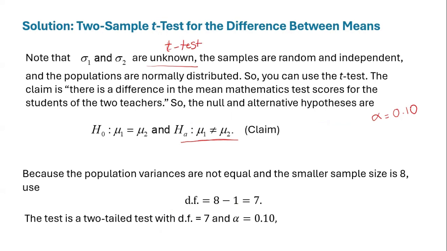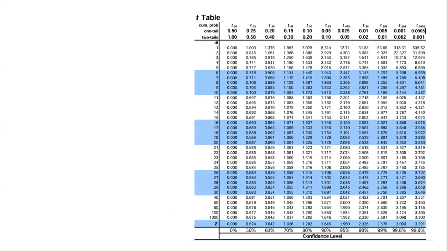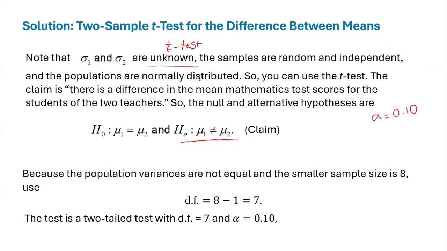Now we look at the t-table to find the critical value. So if we look at the t-table, degrees of freedom is 7, and alpha is 10%, but the question is, is this 10% for one tail or two tails? Let's go back to the alternative hypothesis.